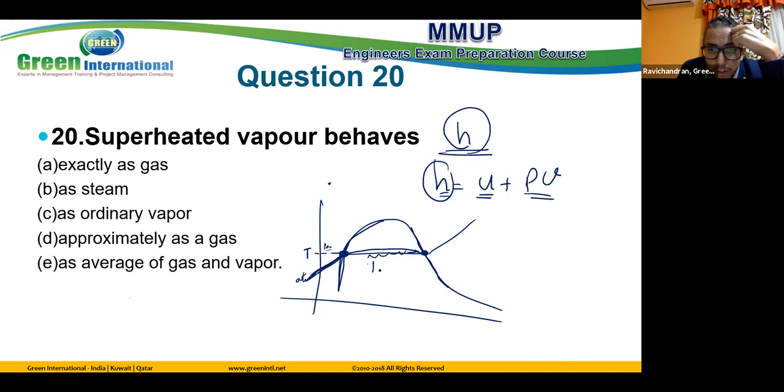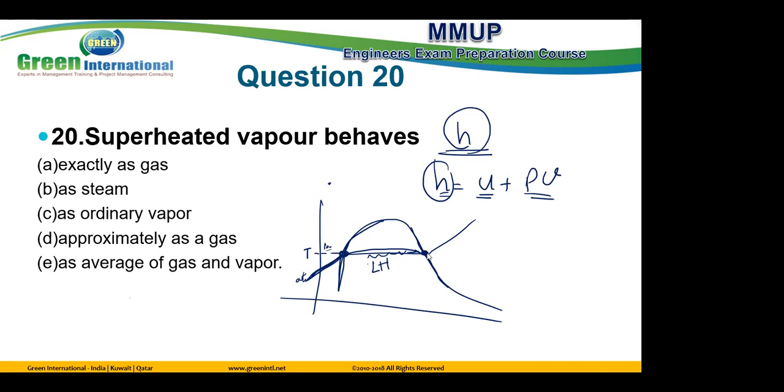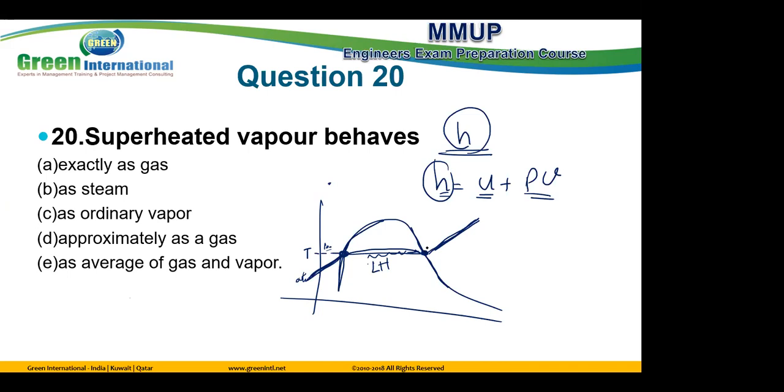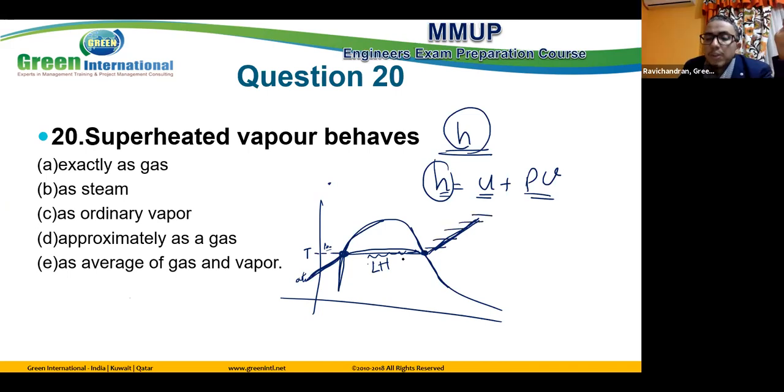This part is the phase change, latent heat. After reaching this one, it is totally dry steam. If you add more energy, the latent heat and phase change are finished, and the temperature increases again. So we have superheat, whatever temperature is required.